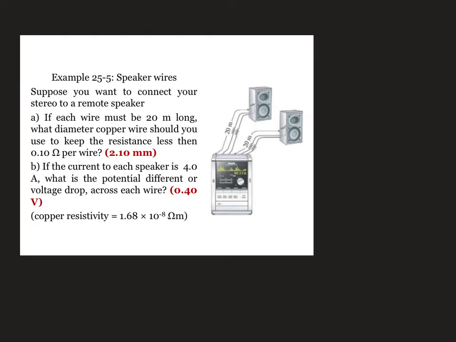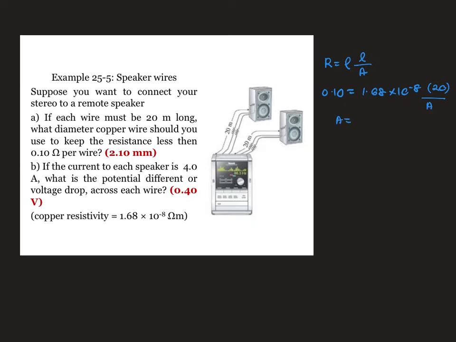Based on our understanding, resistance is resistivity times length over area, and the question asks you to find the diameter. Resistance here is going to be 0.10, the resistivity is going to be 1.68 times 10 to the power of negative 8, and the length is going to be 20 meters. We don't know the area.